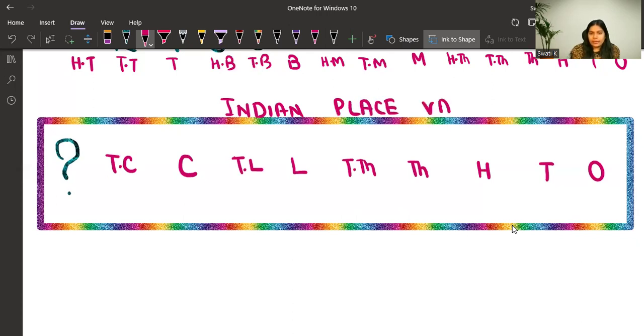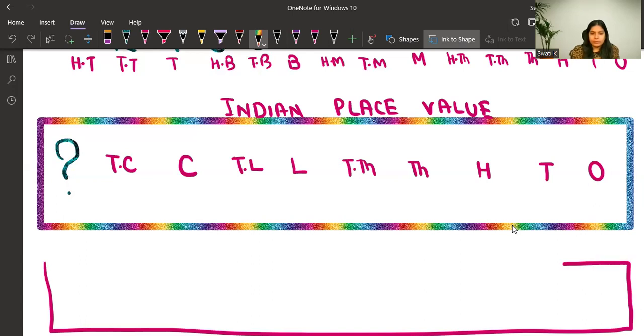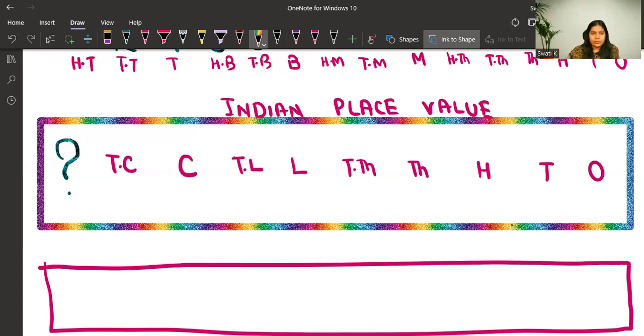And now I'll draw the international place value system. For international, I'll draw the box again and write down the place values here once more. Okay, so it is ones, tens, hundreds, thousands, 10,000, then it is 100,000.